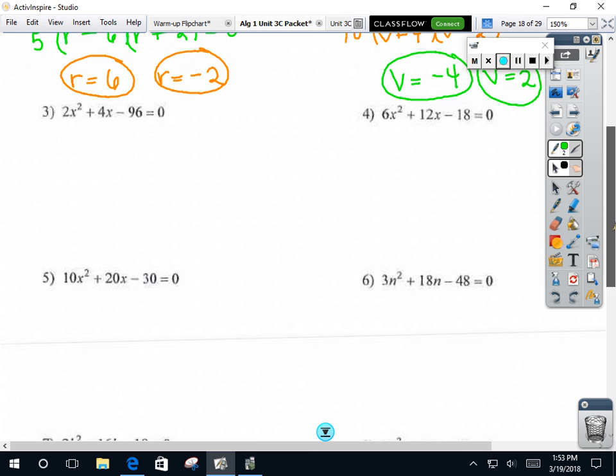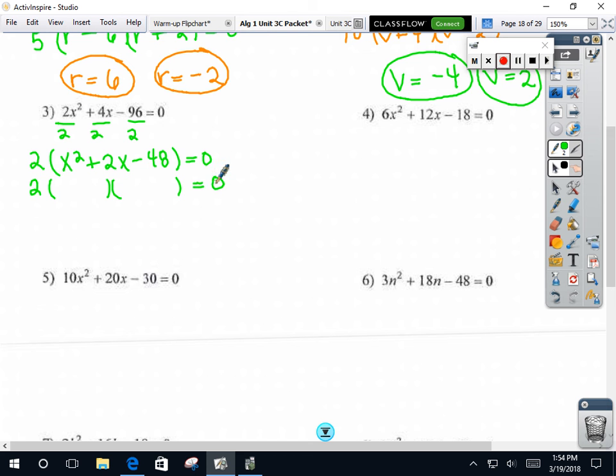Number 3, we can divide all of those by 2. And that means 2 is the GCF, so you factor it out, which is like undistributing it. And what trinomial remains? x squared plus 2x minus 48. Now you have a trinomial that has an a value of 1, because it's just 1x squared plus 2x minus 48.